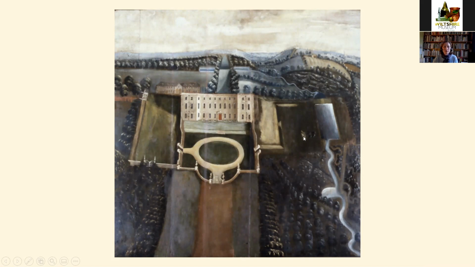Here there is a mound with some trees on it, and that I think still endures today. There is a little mound at Bowood with some trees on it. I think that's probably the same one. The water has been made rigidly geometric, as we would expect. Calne, of course, is off to the right-hand side, and I think you can just see Calne Tower there.